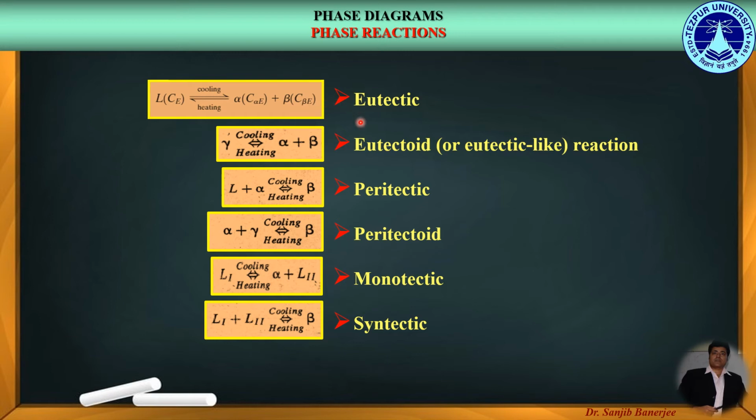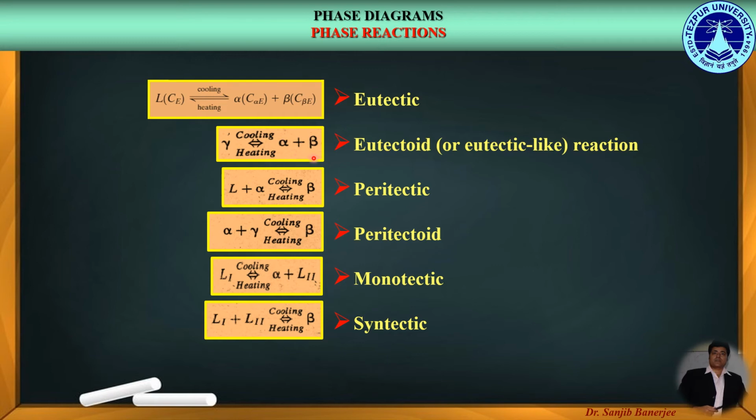Next is the eutectoid or eutectic-like reaction, where one solid phase, that is gamma, on cooling is converted into two solid phases of alpha and beta.